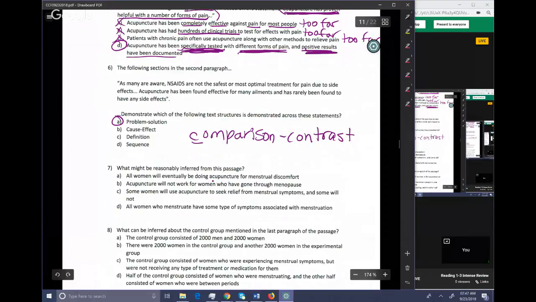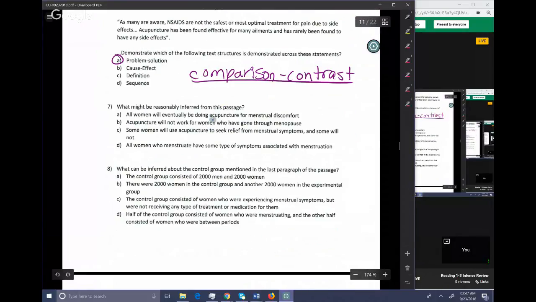In this case, the best answer would be compare, contrast. The other would be problem, solution. It's definitely not cause and effect. It's not a definition, and it's not a sequence. So the only one you could have picked from what they had is that NSAIDs are the problem, and then acupuncture is the solution. 7 says, what might be reasonably inferred from this passage?